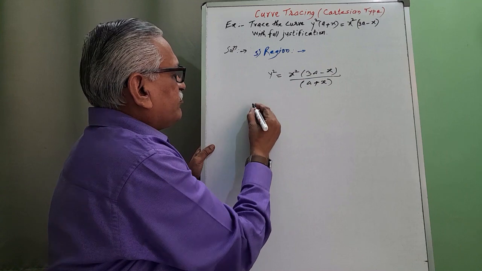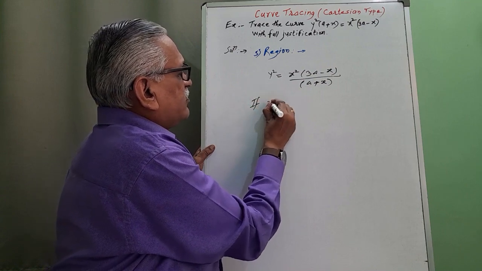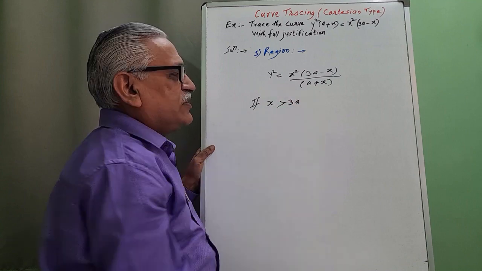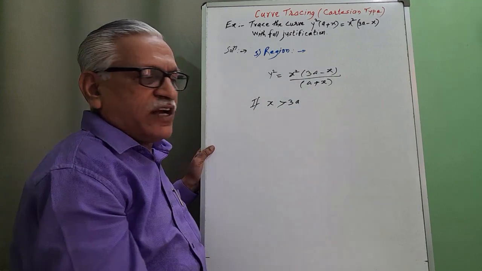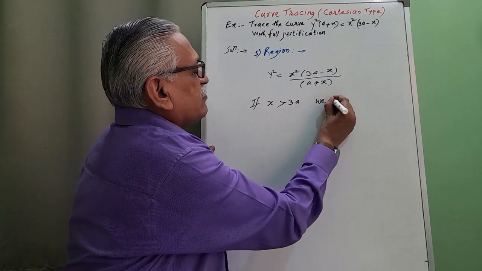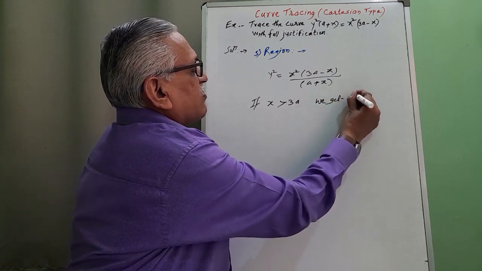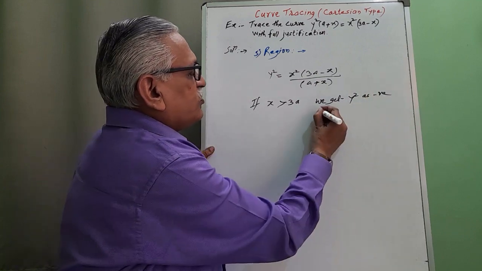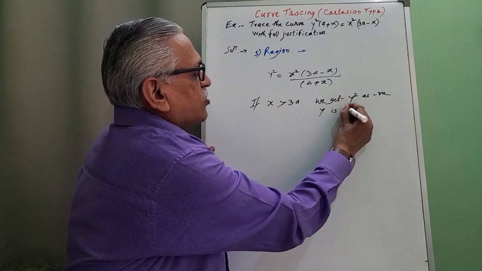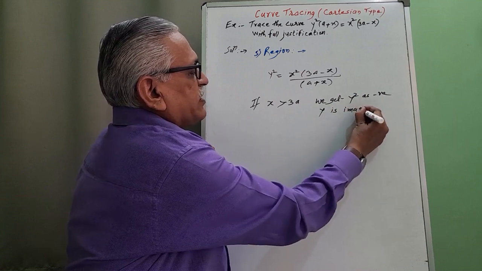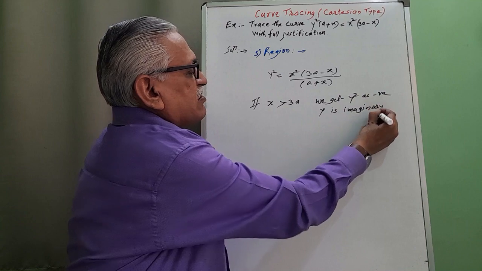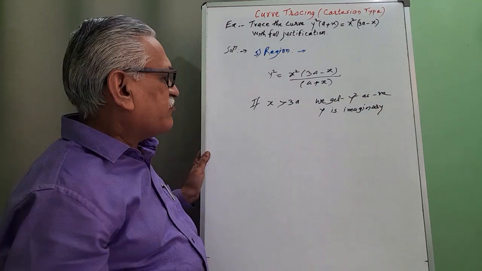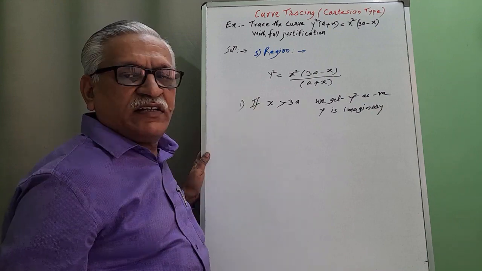Then for this term, if x is greater than 3a, suppose 4a, 3a minus 4a, we get y square as negative, and as y square is negative, y is root of that negative term, it becomes imaginary. Imaginary means the curve does not exist for this region, x greater than 3a.